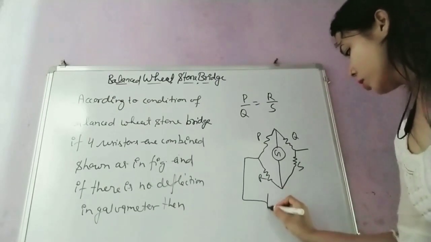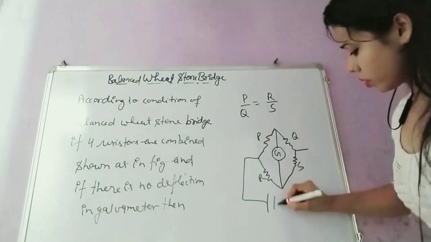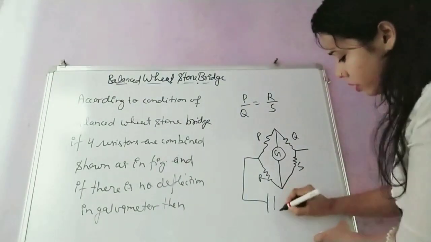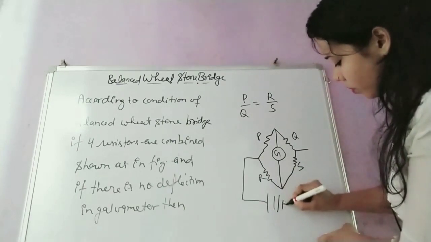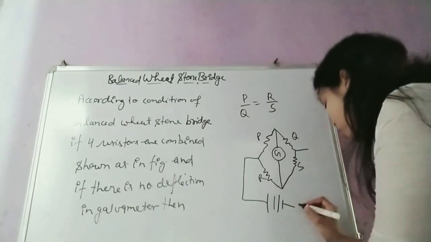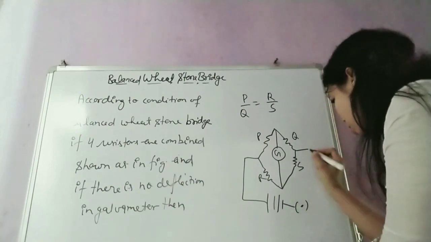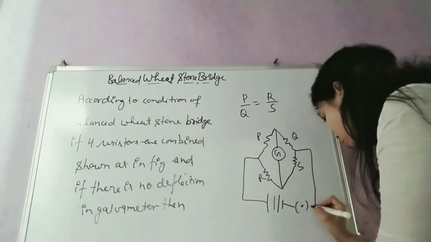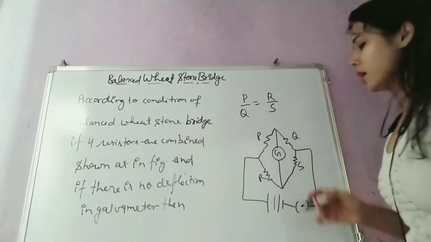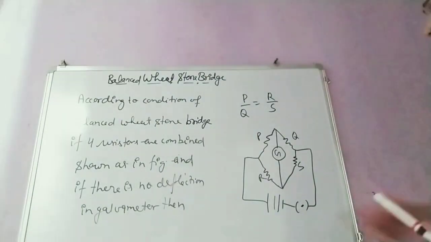It is connected with a cell or battery. One switch. Okay, so this is the arrangement for a balanced Wheatstone bridge.